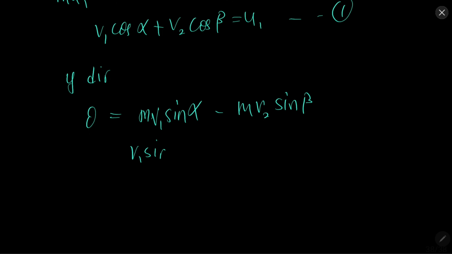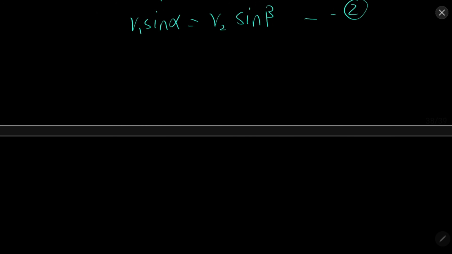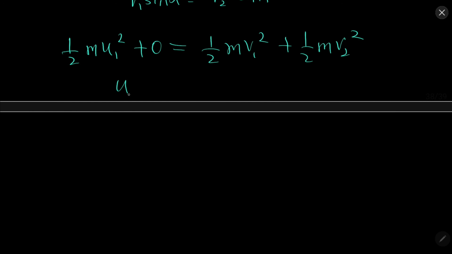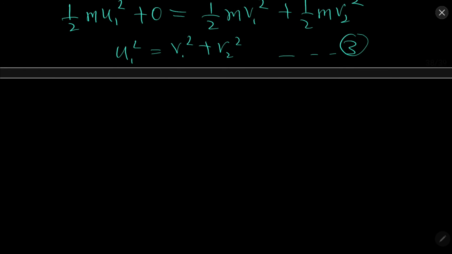So v1 sin alpha equals v2 sin beta. Let this be equation 2. And by conservation of energy, half m u1 square plus 0 equals half m v1 square plus half m v2 square. You will get u1 square equal to v1 square plus v2 square. Let this be equation 3.